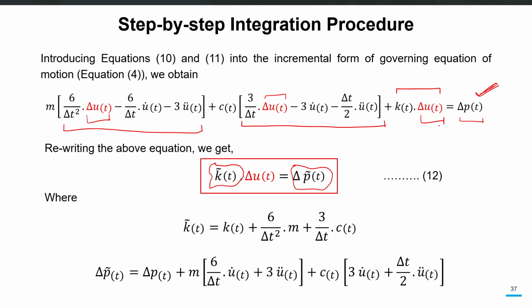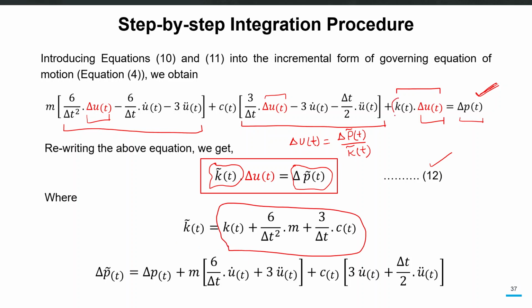So now with these changes, the incremental form of the governing equation is reduced to equation 12, which is now a linear, algebraic equation, where we have a constant multiplied with delta u of t equal to another constant. So delta u of t for any instant can be simply calculated as delta p prime of t divided by k prime of t, where k prime of t is all the multipliers of delta u.